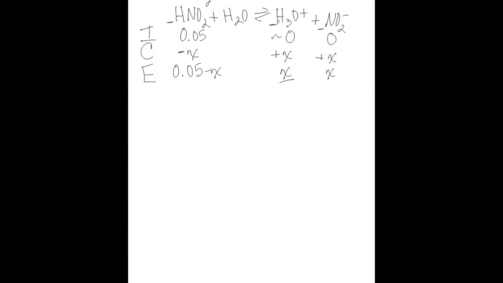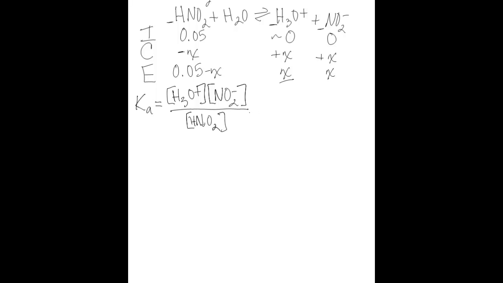For the principal reaction, the equilibrium expression or equilibrium equation is Ka is equal to the hydronium ion concentration multiplied by the nitrite ion concentration divided by the nitrous acid concentration.